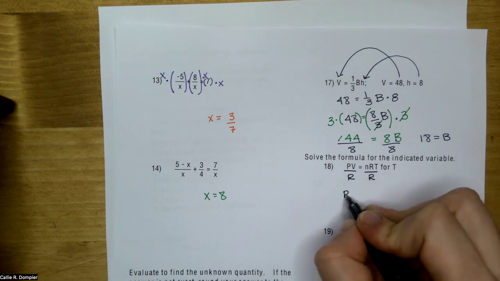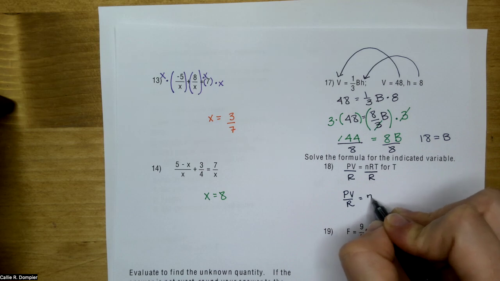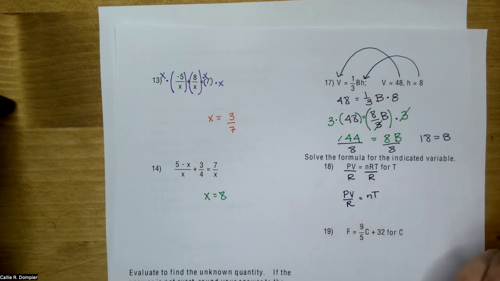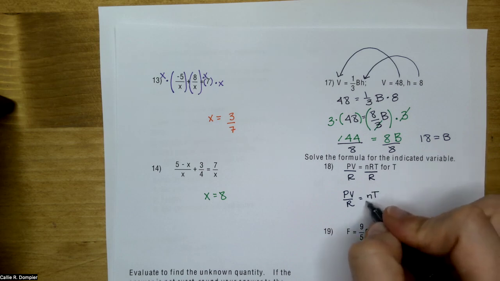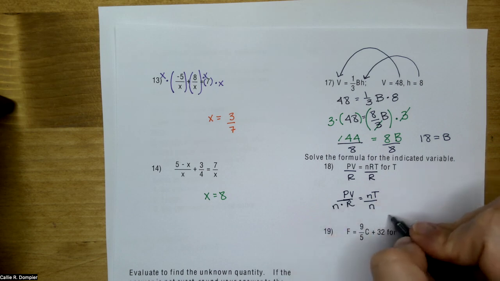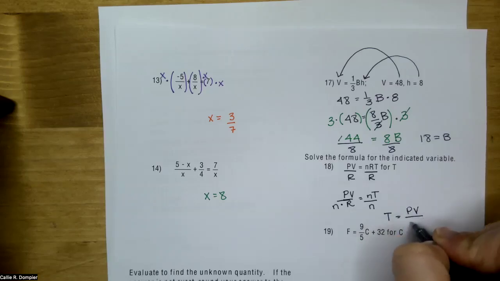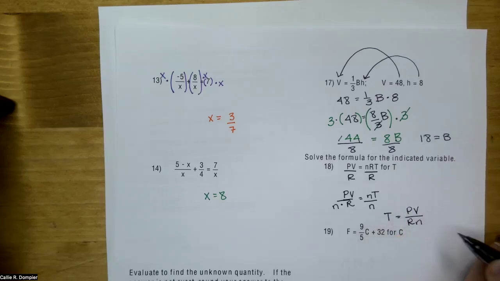So now we have PV divided by R is equal to N times T. T is still being multiplied by N. We're going to divide it by N. Here, to divide, you just add it to the bottom of the fraction. So that becomes T equals PV divided by RN. And it does not matter the order. You could say PV divided by RN, or you could say PV divided by NR.